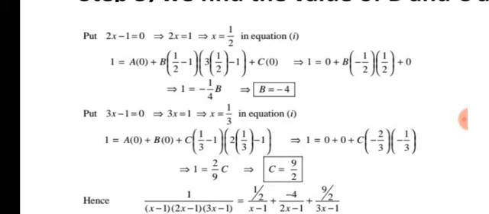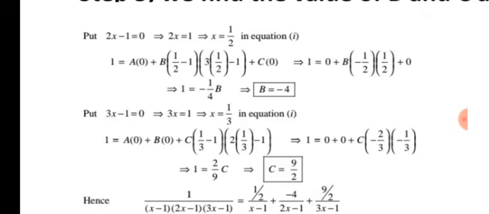So in a there is 3x minus 1, so it will become 0, b will also become 0, but c will remain, as there is no factor multiplying with c, that is 3x minus 1.